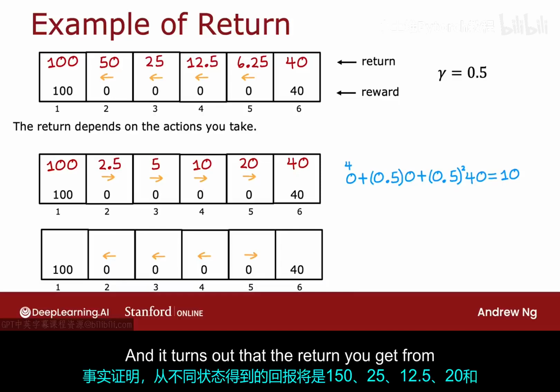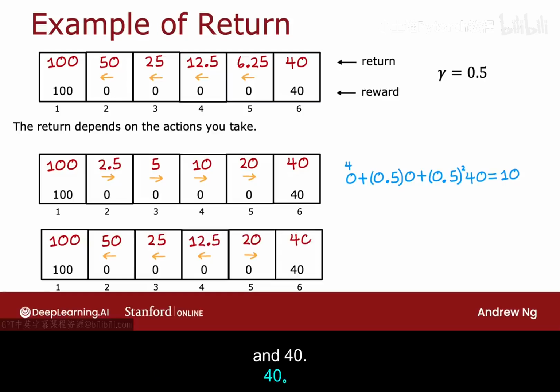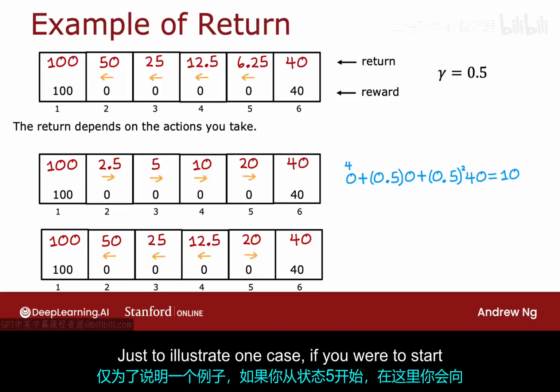And it turns out that the return you get from the different states will be 100, 50, 25, 12.5, 20, and 40.